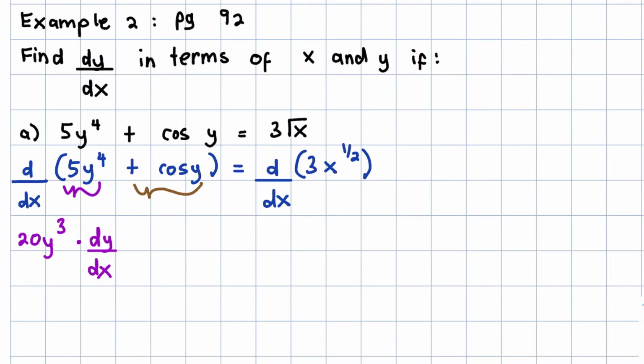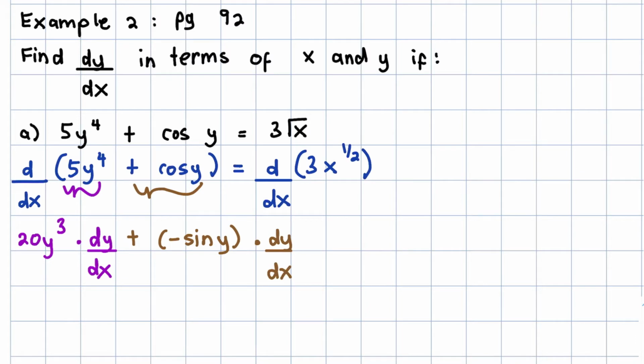Differentiating cosine gives you negative sine of your variable, and because your variable here is y, it will give you negative sine y. Again, you are differentiating in terms of y, so the question asks for with respect to x, you have to multiply by dy/dx.